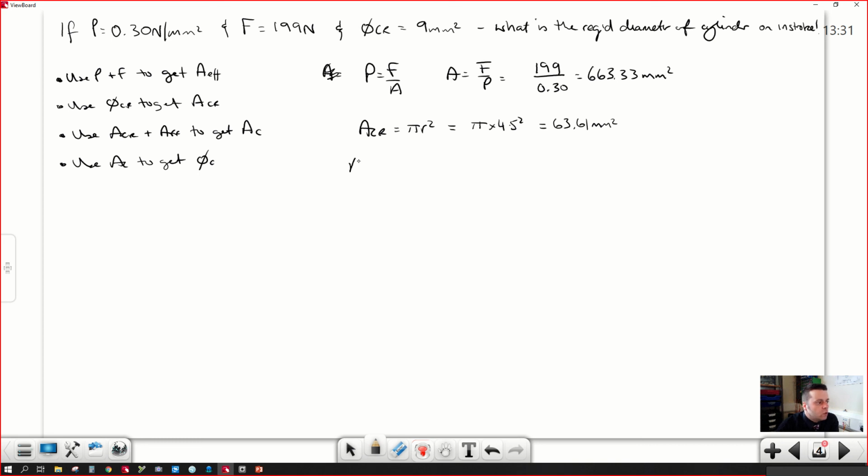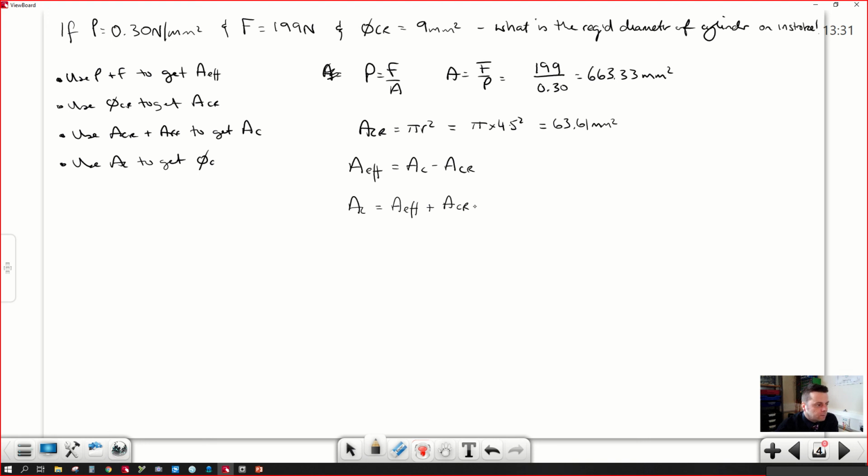Then we're going to use those two values to get the area of the cylinder. We know that the effective area equals the area of the cylinder minus the area of the cylinder rod, and we want the area of the cylinder, so we rearrange it. All we're doing is moving this over to the other side, and it becomes plus. So the area of the cylinder equals the effective area plus the area of the cylinder rod.